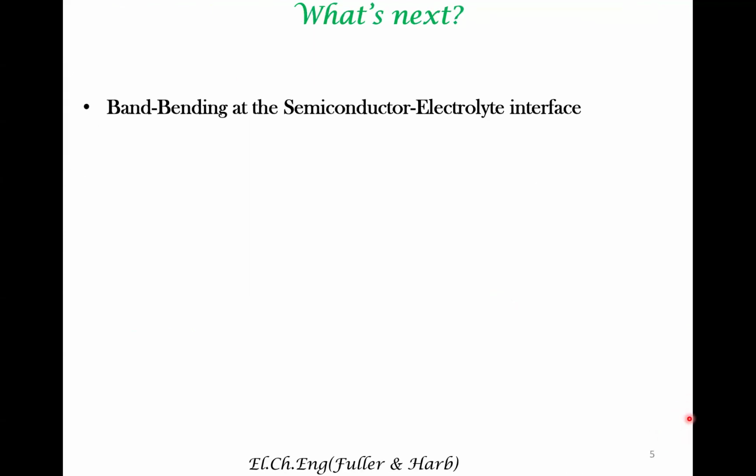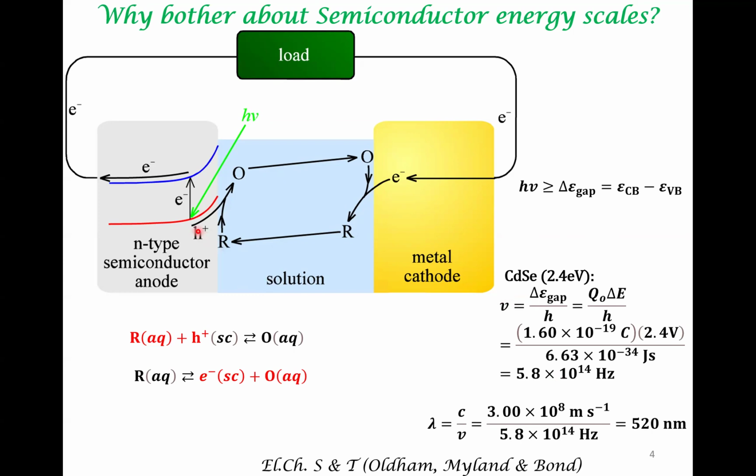In the next lecture, we will look at a very important concept that is present in the semiconductor electrolyte interface, that is called band bending. This band bending is crucial for separating an exciton. What is an exciton? We have already introduced this term. Exciton means it's an electron-hole pair.